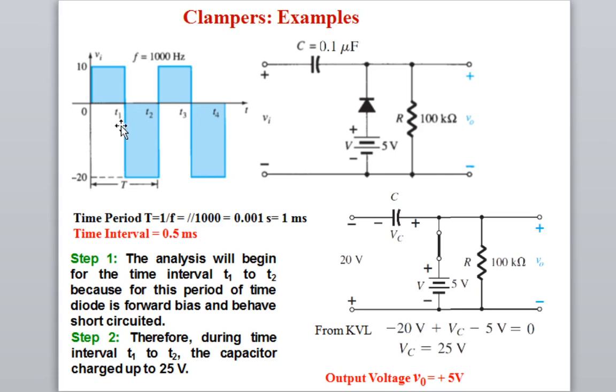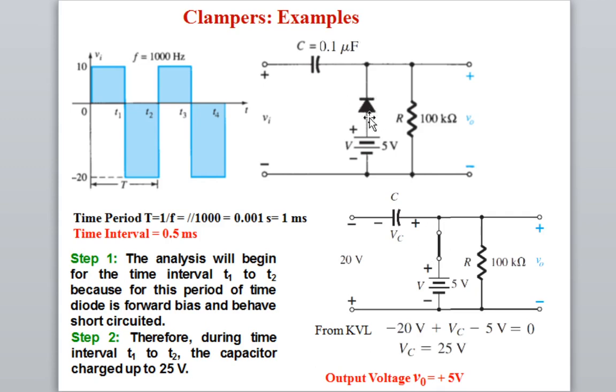Now when you move to the T1 to T2 time interval, the input voltage is minus 20 volt. Minus 20 volt means this side will become minus and this side will become plus. Now when this becomes minus on the N type and plus on the P type, the diode goes into forward bias.